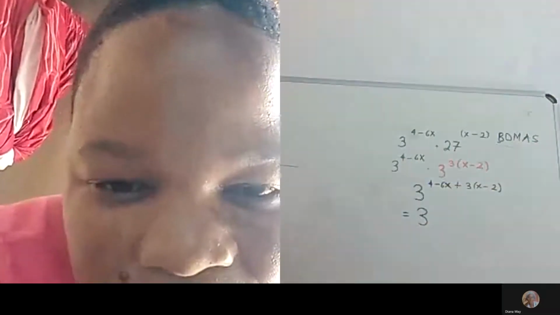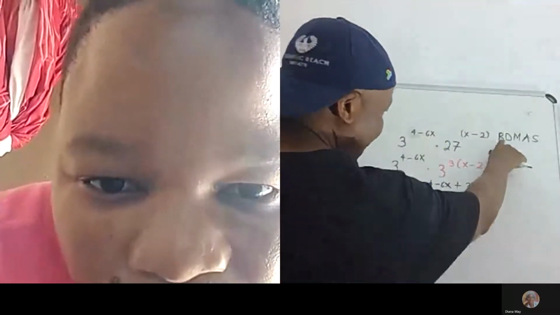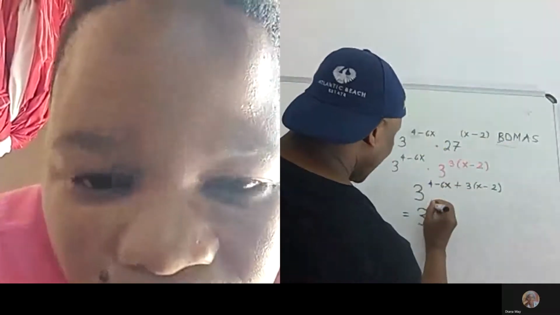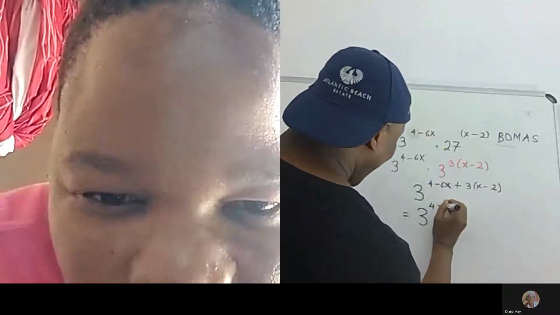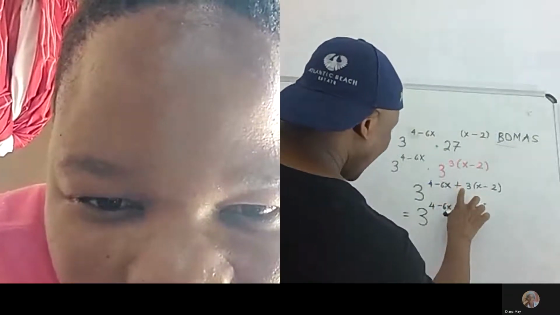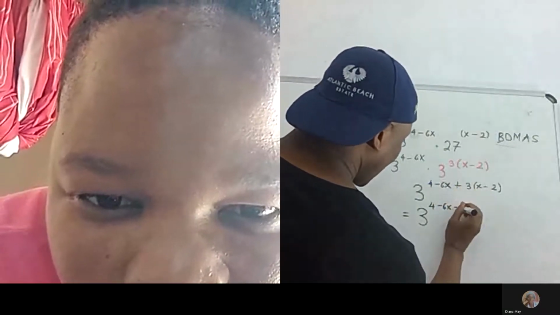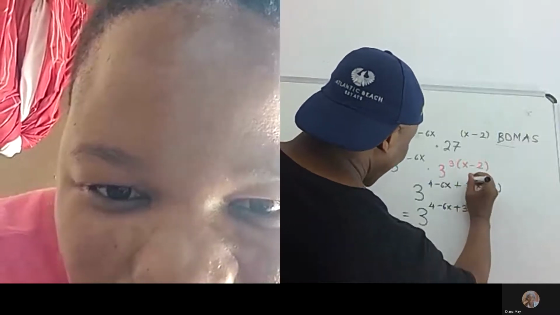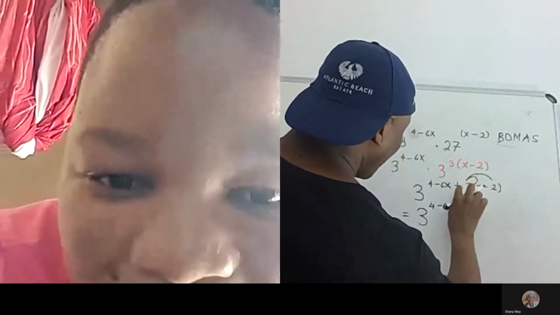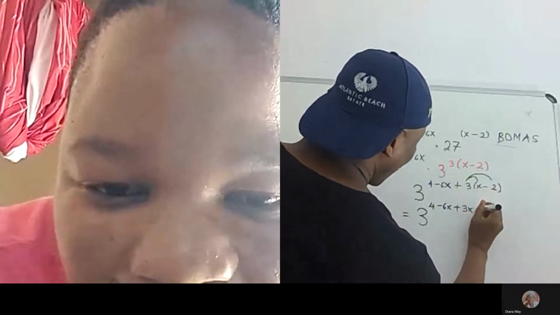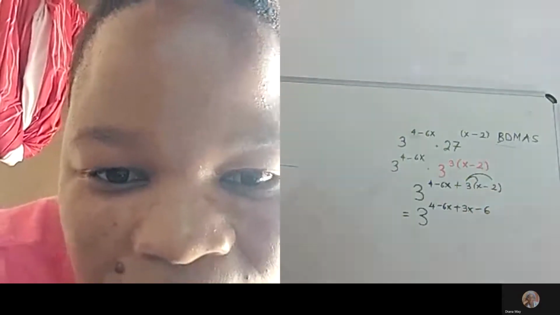Those are the rules. So we have to start with the bracket. This is just a 4 minus 6x. Positive 3 times x is going to give us positive 3x, and positive 3 times negative 2 is going to give us negative 6.